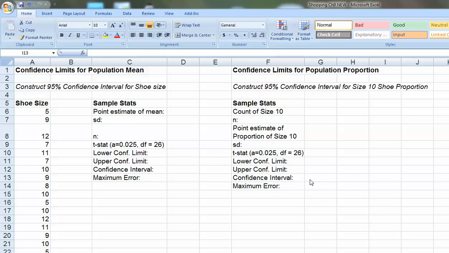Yes, we have values we've drawn from the population, and we're going to calculate this sample standard deviation. In this case, we use what's called a t-interval, and the confidence interval will be equal to x bar, the mean, plus or minus the t-statistic times the sample standard deviation divided by the square root of n, the sample size.